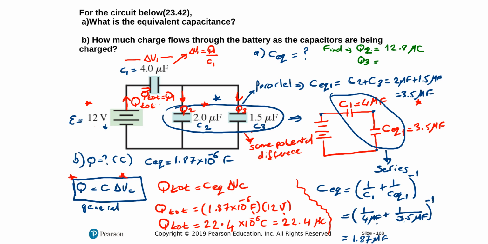Q3 equals 9.6 microcoulomb. And very similar to current, the charge on the first capacitor will be the same as Q total, which I already mentioned. It will be 22.4 microcoulomb. Let's list that as well.